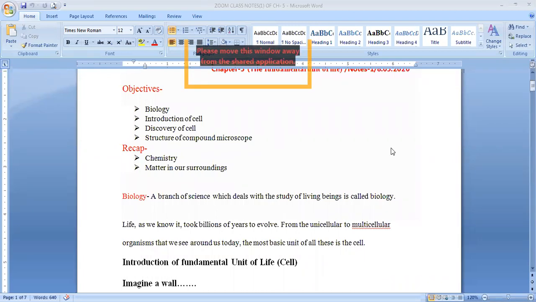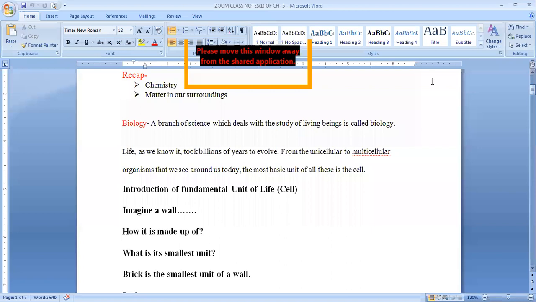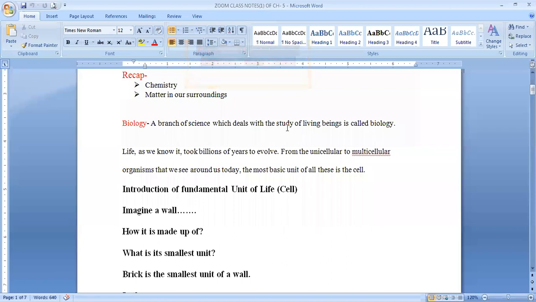Today we are going to start the first chapter of biology, that is the fundamental unit of life. So before coming to this chapter, first let's see what you mean by the term biology, right? A branch of science which deals with the study of living beings is called biology.